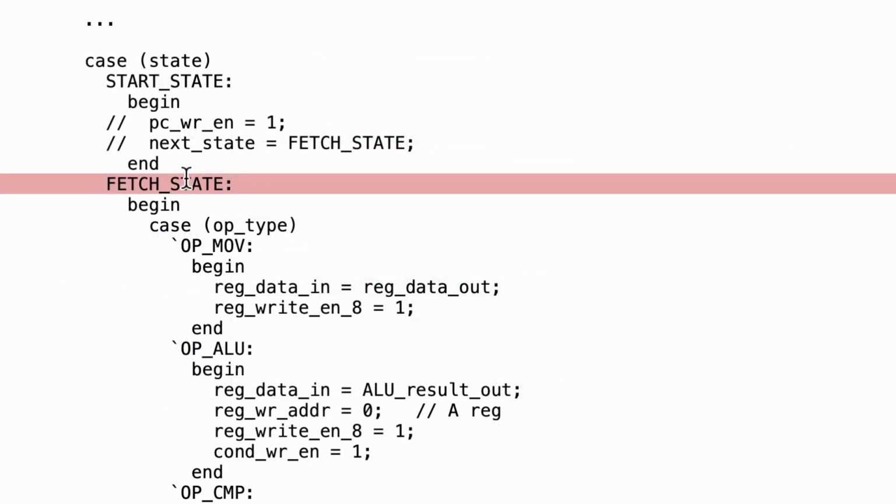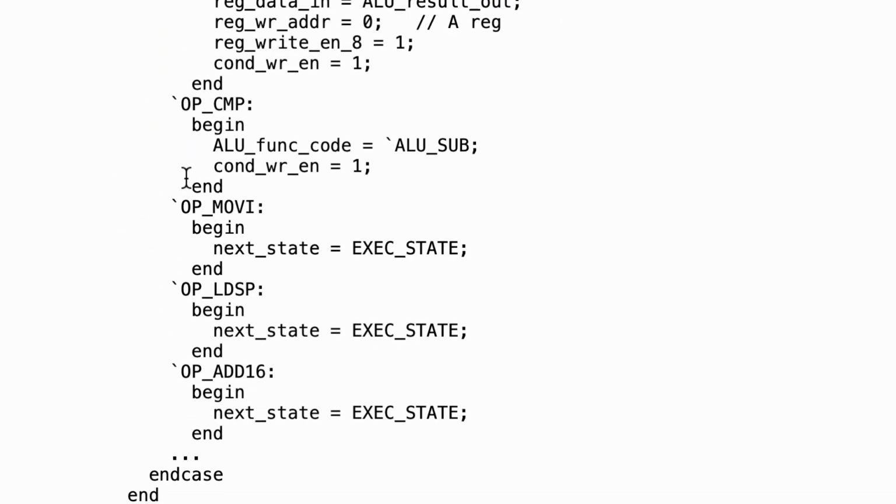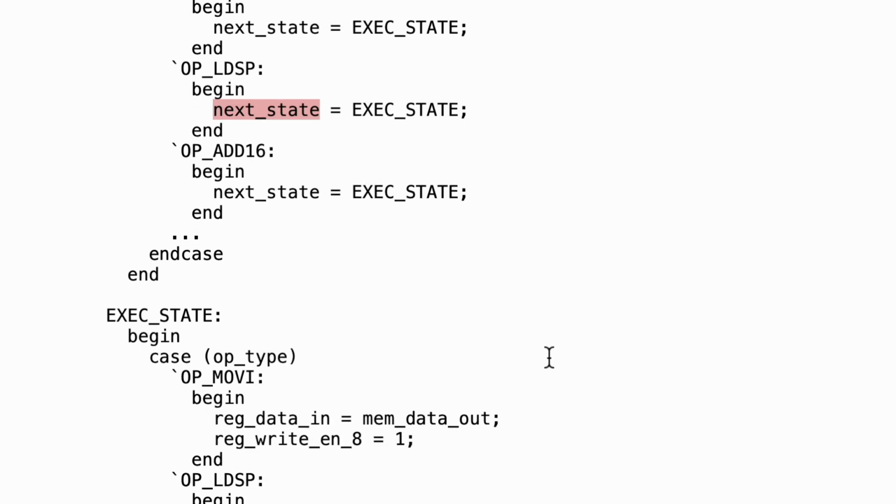So when we're in the fetch state and we have a load stack pointer instruction, we don't need to do anything special. The default values will work, except we need to send the finite state machine into the execute state, so we need to override the default value of next state.